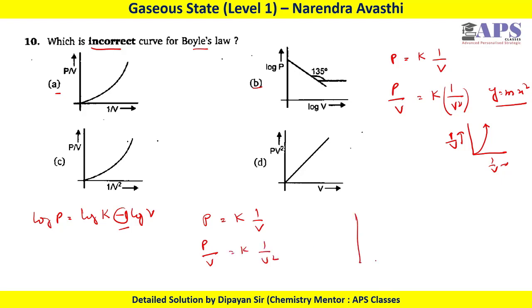Okay, now if we want to plot P by V versus 1 by V square, it will be a plot of y equal to mx. So it should be a straight line passing through origin. Okay, straight line passing through origin. So it is not the real case here. So according to this, option C will be the incorrect option. Okay, thank you for watching.